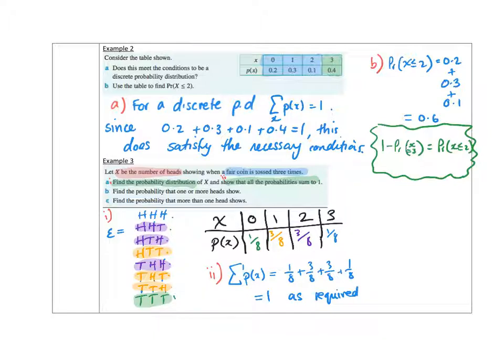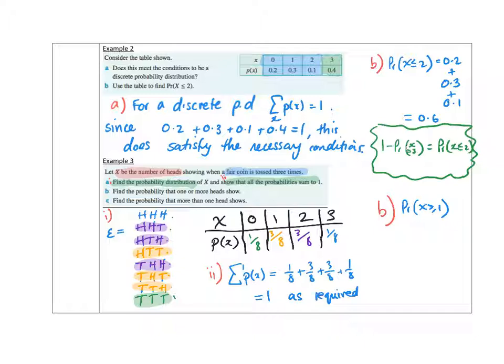So part B now asks us to find the probability that one or more heads show. So I'm really after the probability that x is greater than or equal to 1. I can look at that, and if I'm highlighting here, that's all of this.